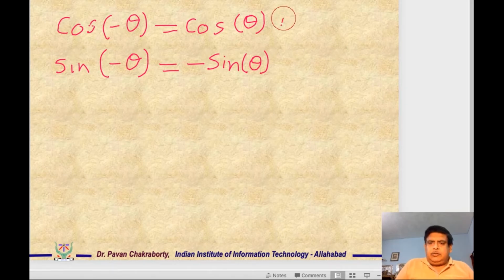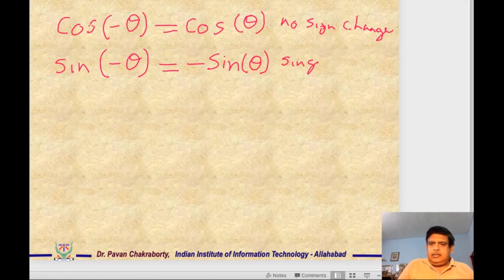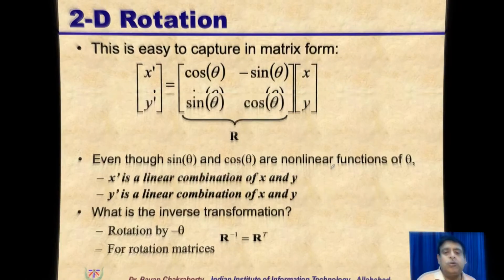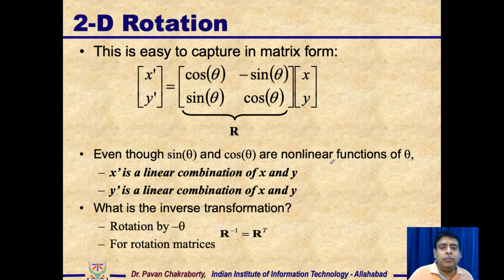So here there is no sign change. Here there is a sign change. And since the positions of minus sine theta and sine theta are swapped, R inverse is equal to R transpose.